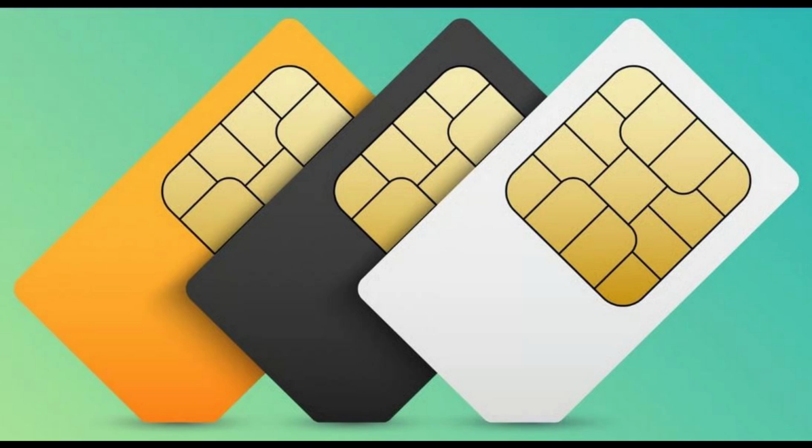SIM only contracts can be prepay, where the subscriber buys credit before use, often called pay-as-you-go, abbreviated to PAYG, or postpay, where the subscriber pays in arrears, typically monthly. Within a SIM-only contract, the mobile network provider supplies their customer with just one piece of hardware, a SIM card, which includes an agreed amount of network usage in exchange for a monthly payment.